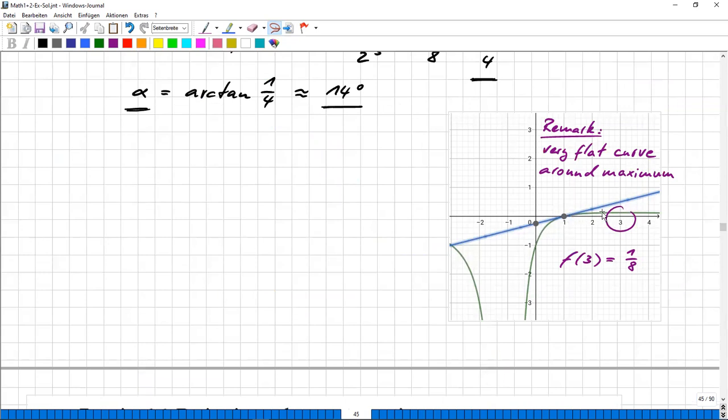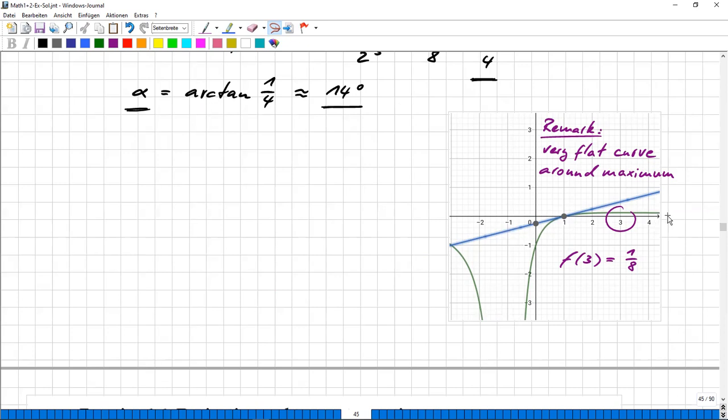And it almost seems to be a horizontal line, right? So it's a very flat curve around the maximum, but it still is a maximum here at x equals 3. I've never seen before such a flat curve with a maximum. Anyway, it's interesting. Here you see the pole at -1 with no sign change, and so on.